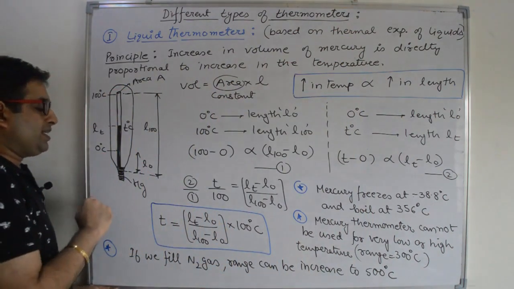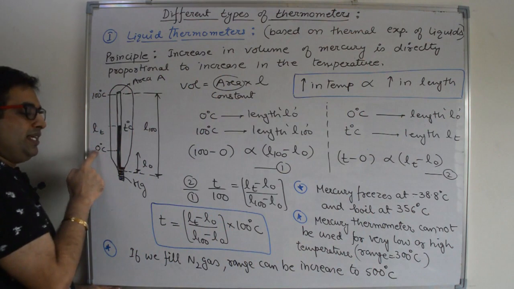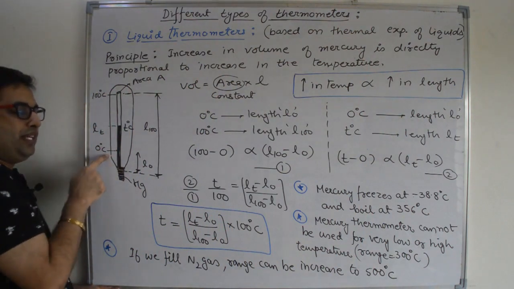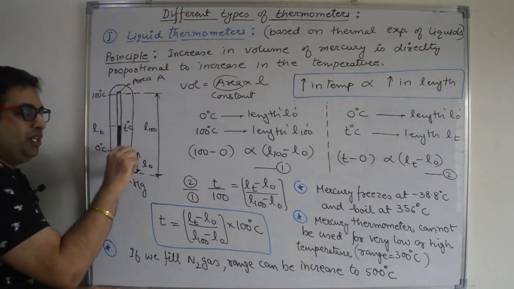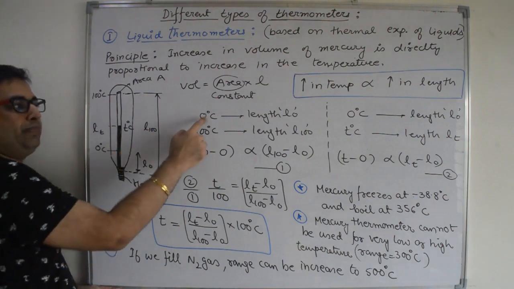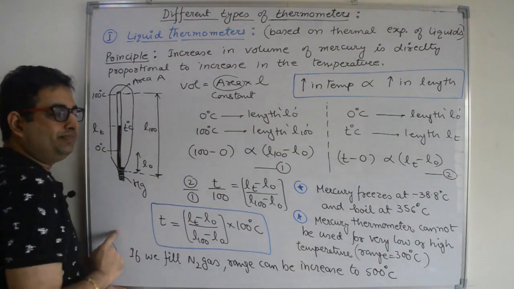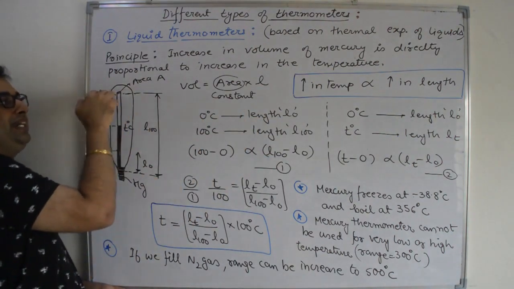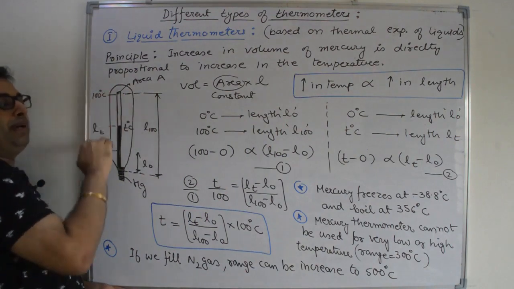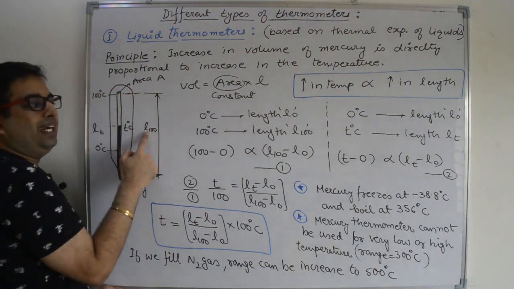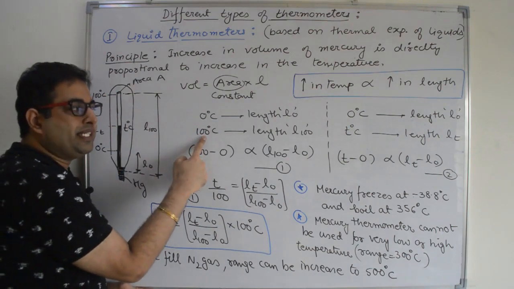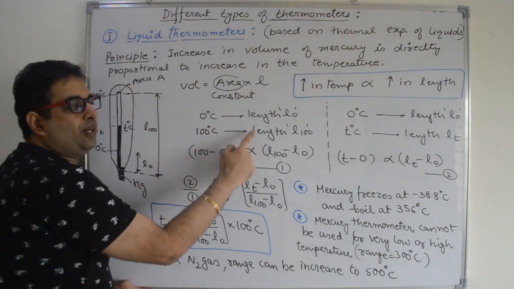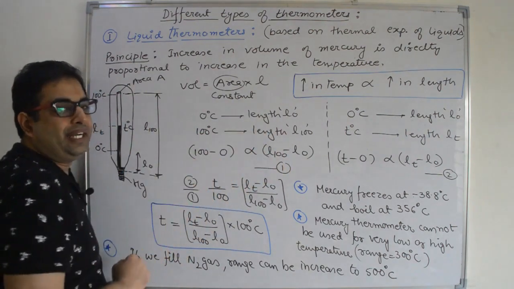So let us take a simple example. This is, let us suppose, the height at 0 degree temperature. So the height at 0 degree temperature is L0. The mercury height at 100 degree Celsius is L100. So at 100 degree Celsius, the height or level of the mercury is L100.